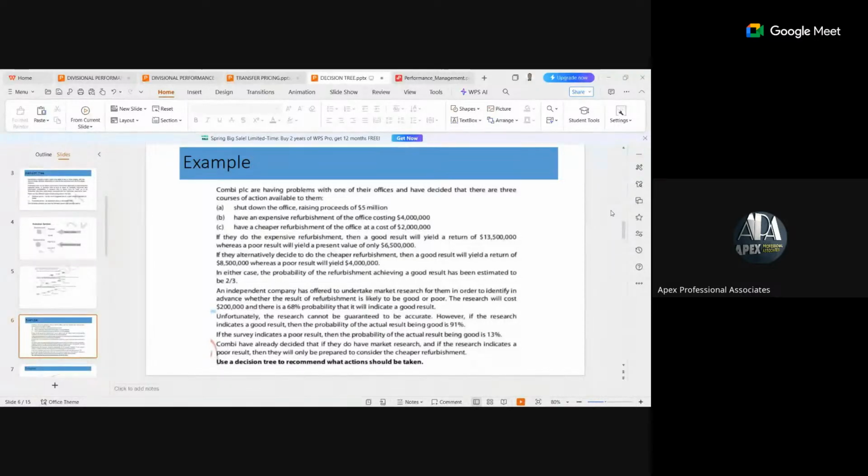So 2 plus 1 is what? 3. Let's assume 3 is the total. 2 is for good, 1 is for bad. So for you to get the ratio of good, it will be 2 over 3. For bad, it will be 1 over 3. 1/3, okay.